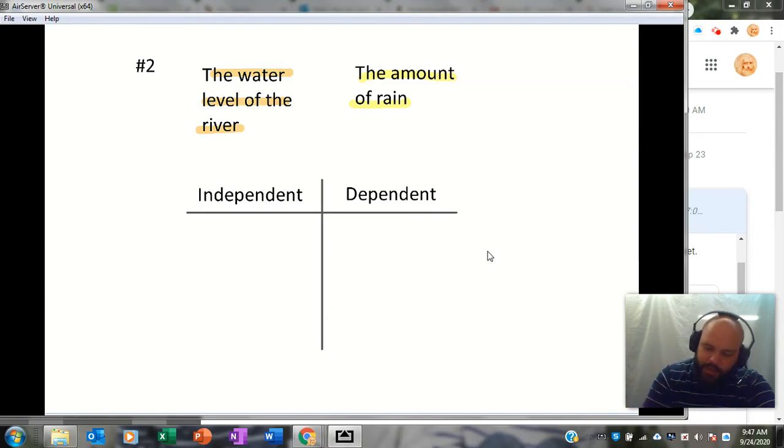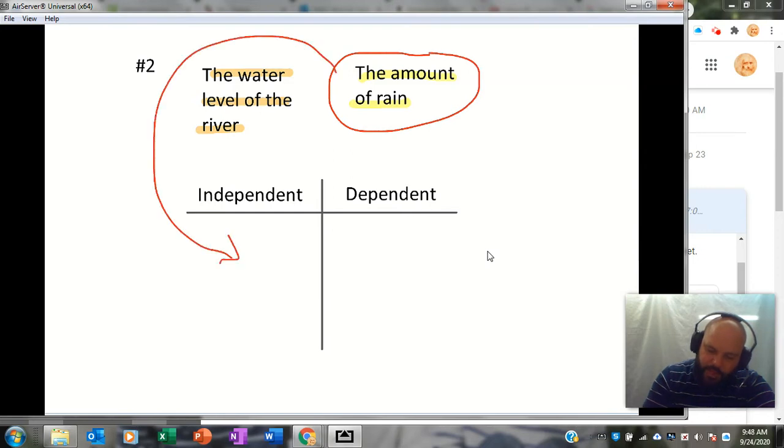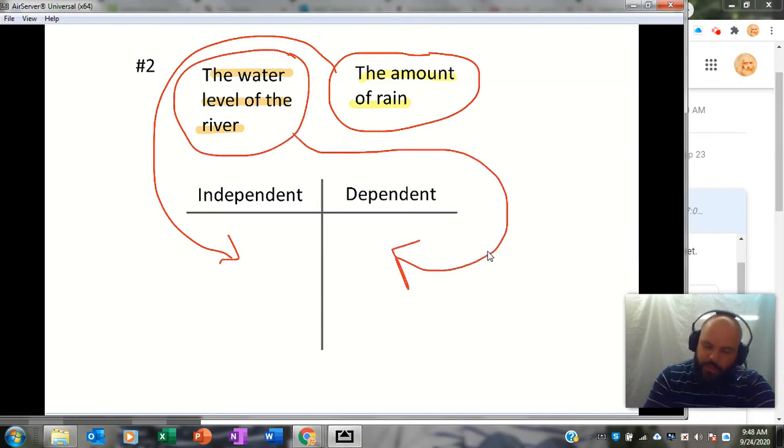The amount of rain is going to be the independent one, and depending on how much rain we get, that will indicate the level of the river. So the amount of rain is the independent, and the water level of the river is the dependent. The water level of the river depends on how much rain we get.